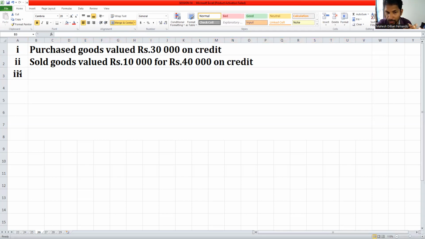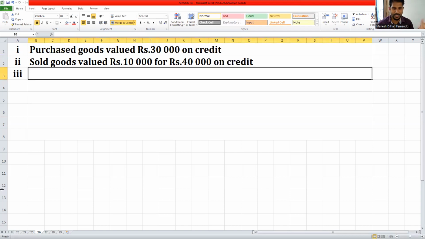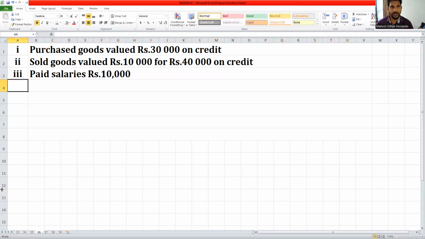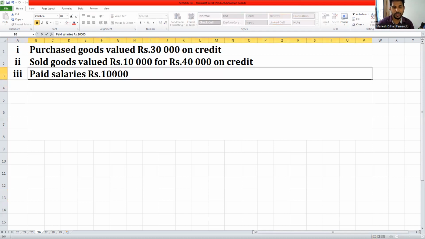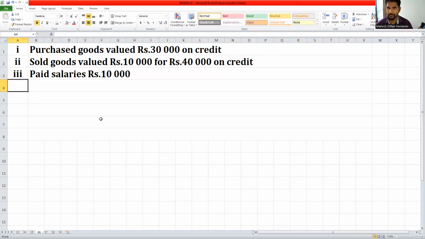So I have recognized it as an expense. You can name any expense. You can say paid salaries, rupees 10,000. Or paid water bill 10,000. Paid electricity 10,000. Describe it nicely.